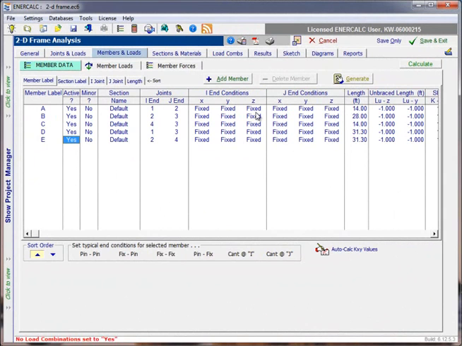Now in this situation, it's fairly straightforward because we decided that we wanted the beam to column connections to be modeled as pinned, and we wanted the end conditions of both braces to be modeled as pinned as well. So our job is easy in this case because all we need to do is work our way down the list of members and indicate that all Z end conditions for both the starting end and the ending end are to be modeled as pinned.